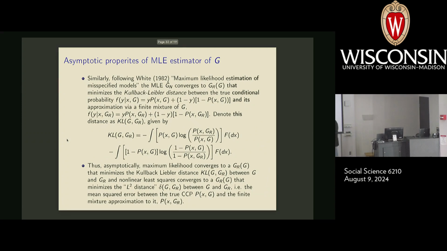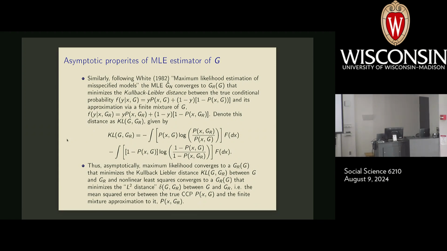Now, similarly, this goes back to an idea of Hal White in 1982, maximum likelihood under misspecification. If you fix R at any fixed value and don't let it go to infinity, there's a Kullback-Leibler distance.